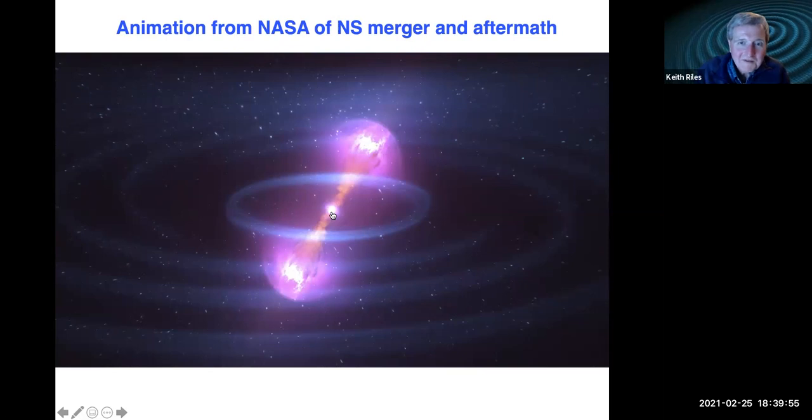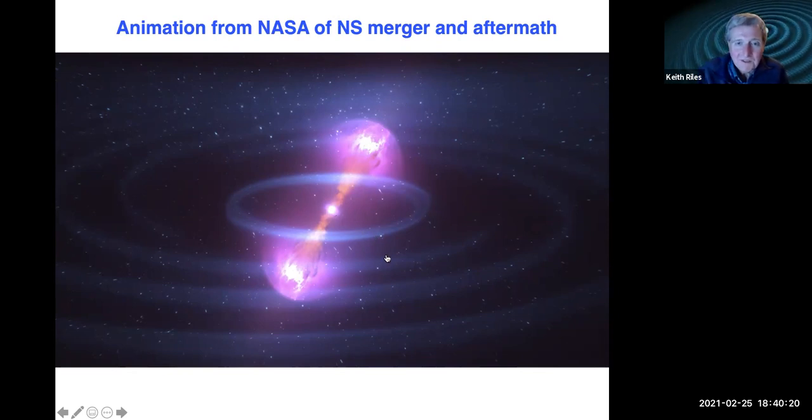Most of the stars go into a black hole pretty quickly, but they also emit radiation and matter along basically the orbital spin axis of the system. And you can also see gravitational waves being depicted here. The gamma rays that we're seeing presumably came from this jet that you're seeing out here, but notice there's also some material around the center.